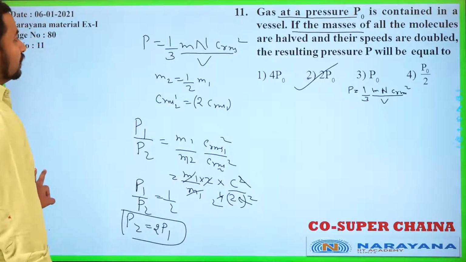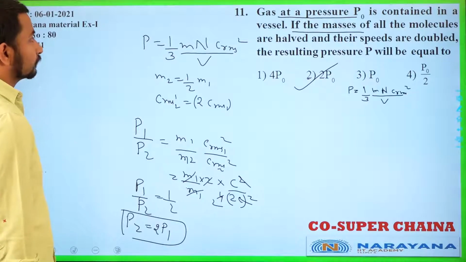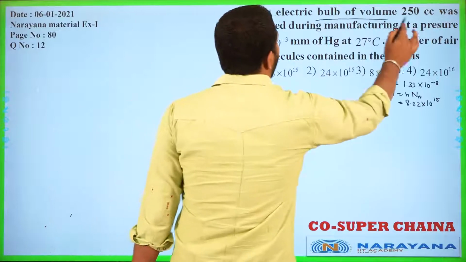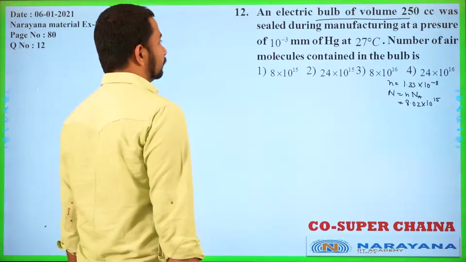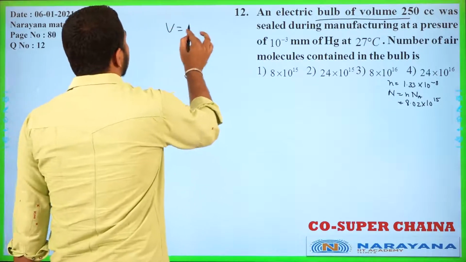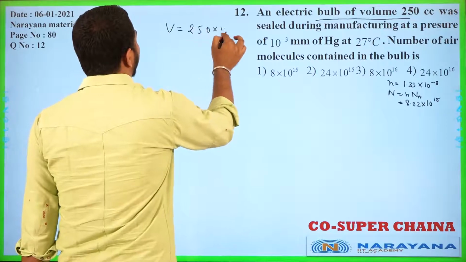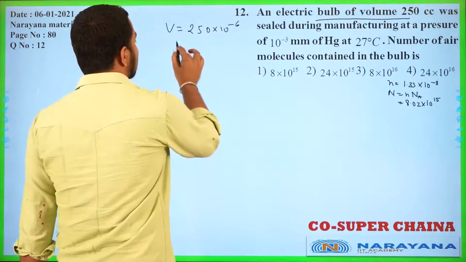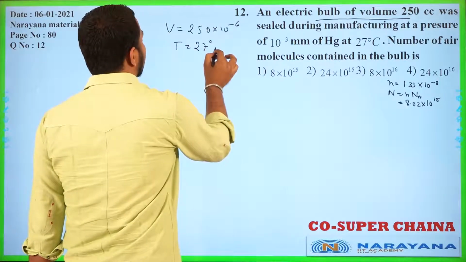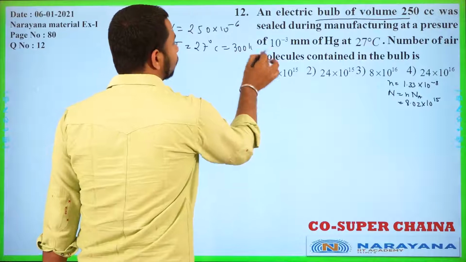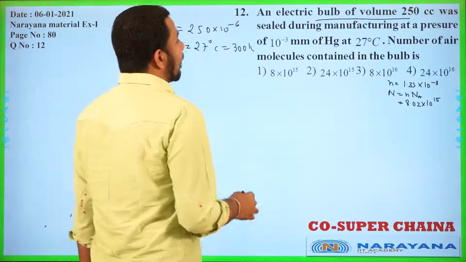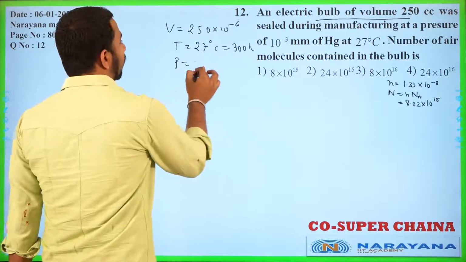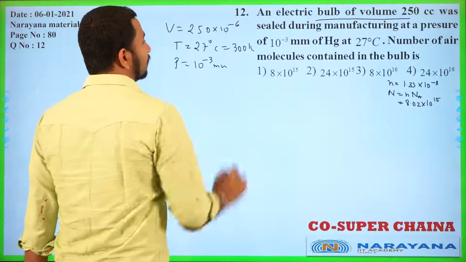So let's move to the next question, student. Be careful on the calculation part. An electric bulb of volume 250 cc. So volume is given as 250 into 10 to the power minus 6. Temperature is given as 27 degrees, so we'll convert this into Kelvin, and pressure is given as 10 to the power minus 3 mm Hg.